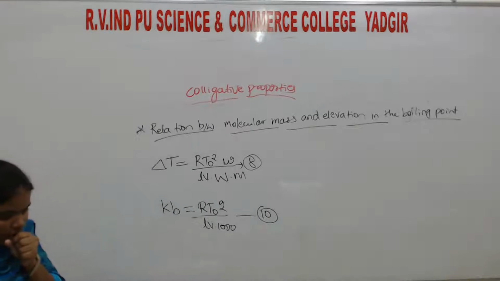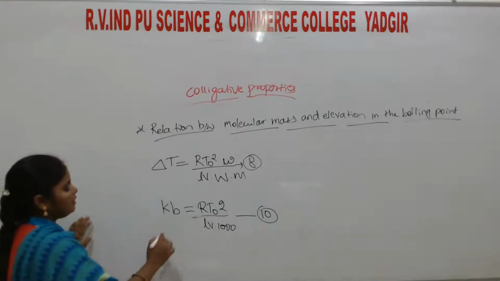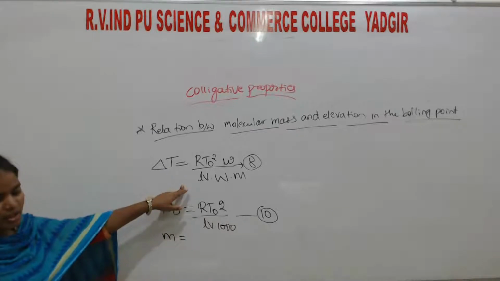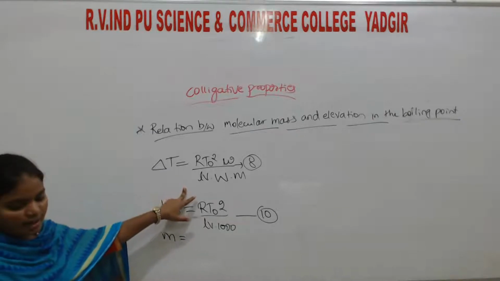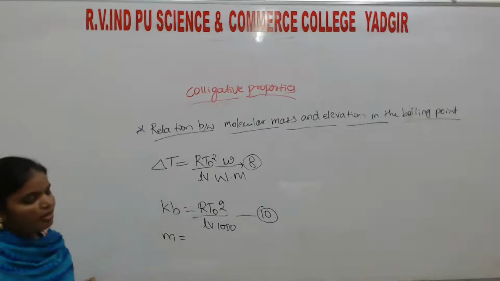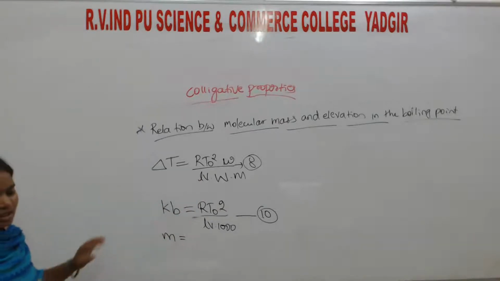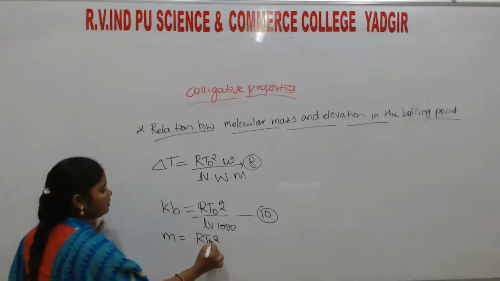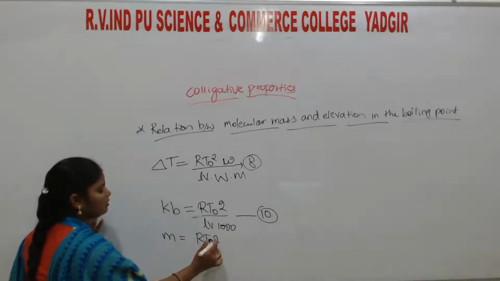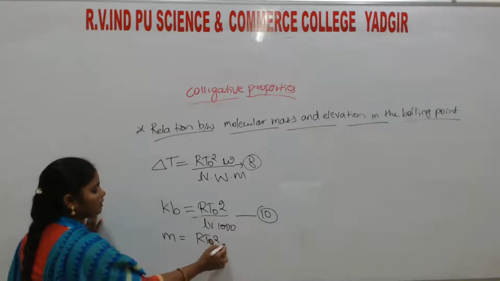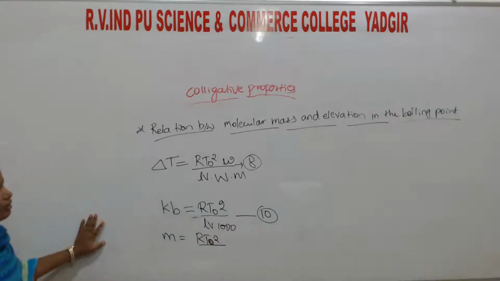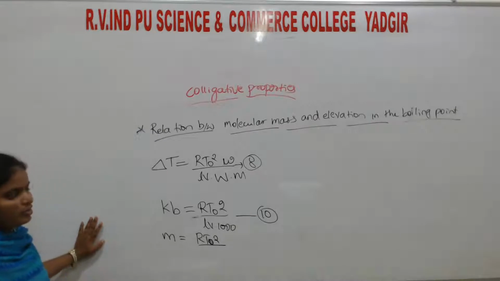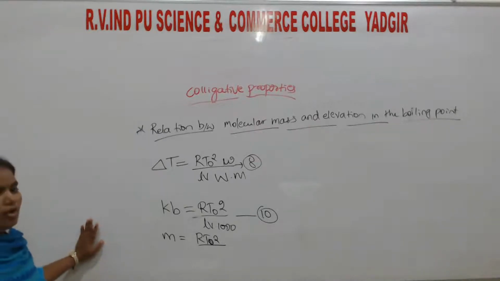Here, we are considering equation 10 and equation 8, and we get the final equation, equation 11. This is practice for the derivation of lowering of vapor pressure and elevation of boiling point.